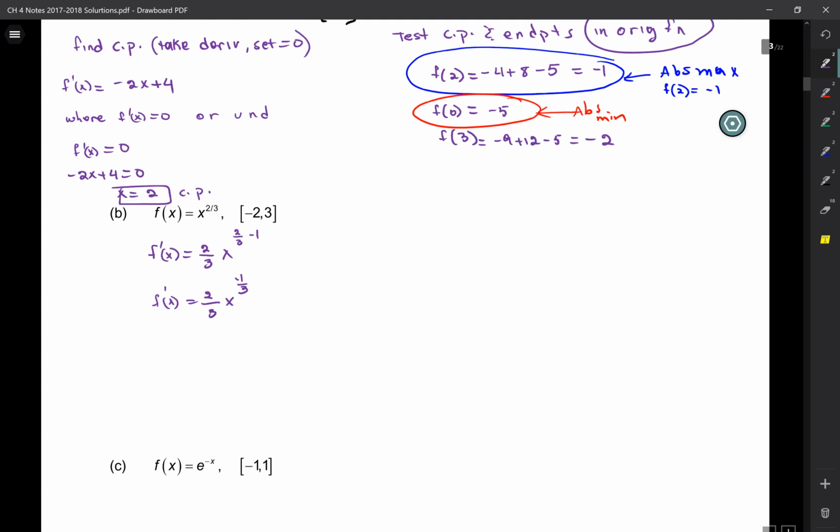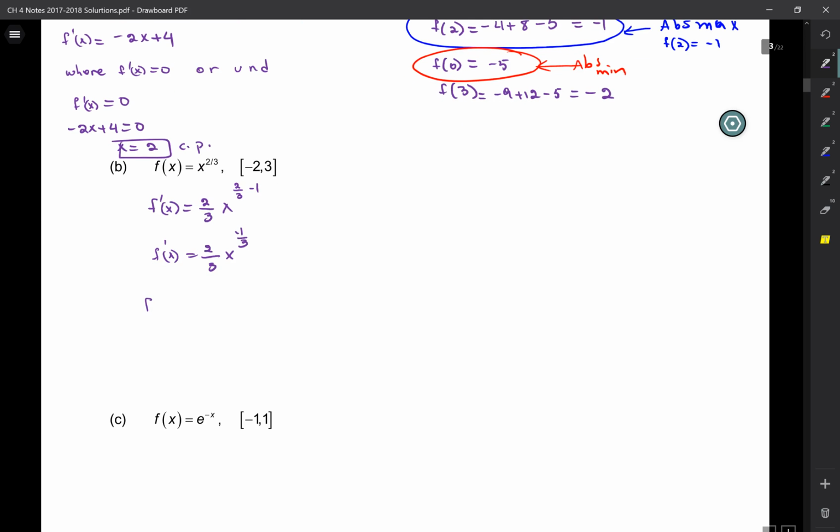Yes, that's a cube root. So really, it's 2 over 3 x to the negative third, which is really 2 over 3 cube root of x.